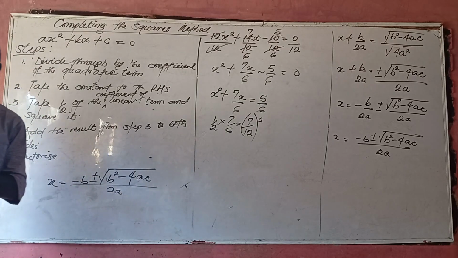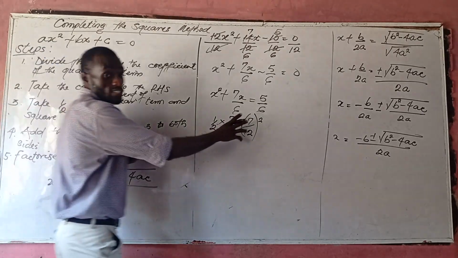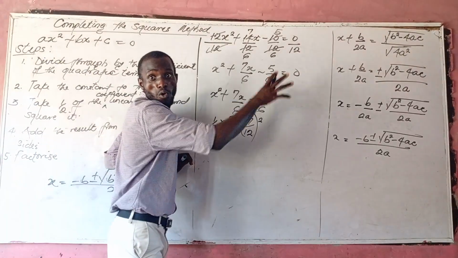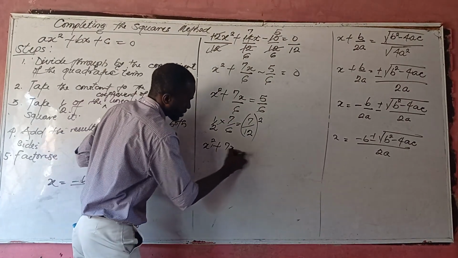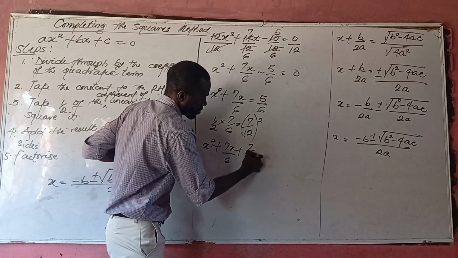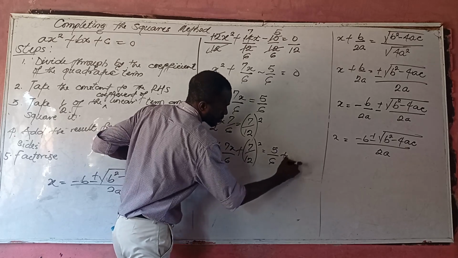Is anybody confused? Okay. So what's the next thing to do? To add it to both sides. So we have x squared plus 7x over 6 plus 7 over 12 all squared is equal to 5 over 6.